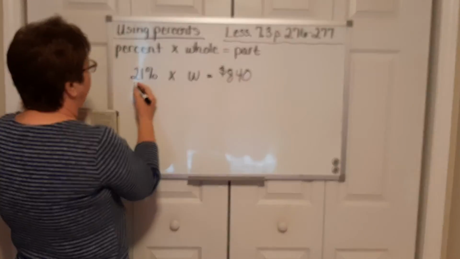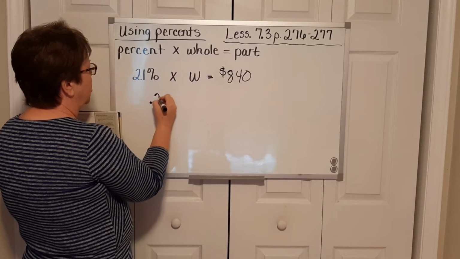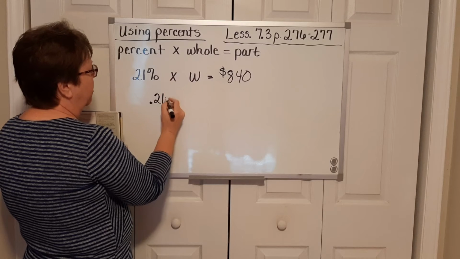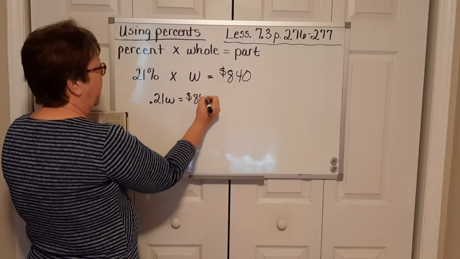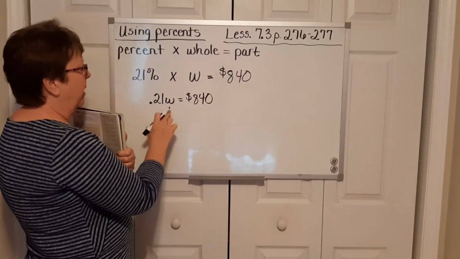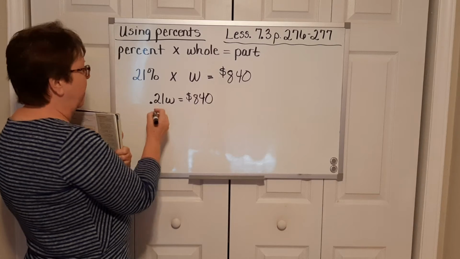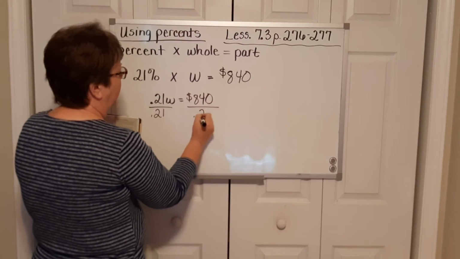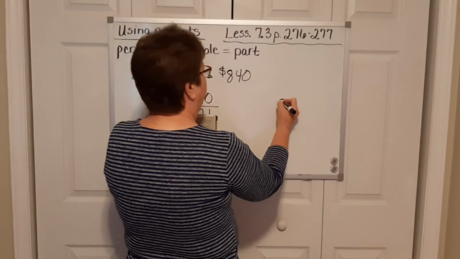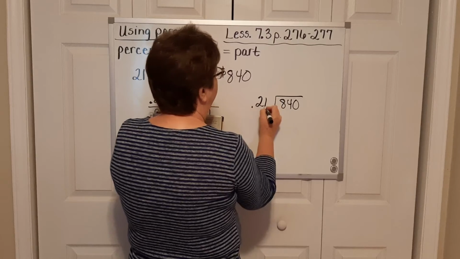So 21%, make that a decimal. It's 0.21 times W equals $840. This is multiplication, so we need to undo that by dividing. We're going to divide both sides by 0.21. So $840 divided by 0.21.